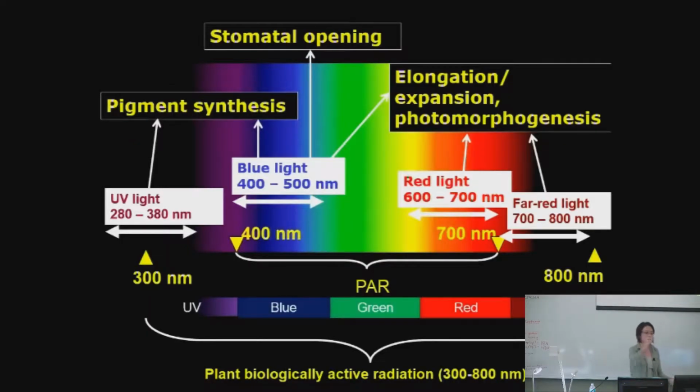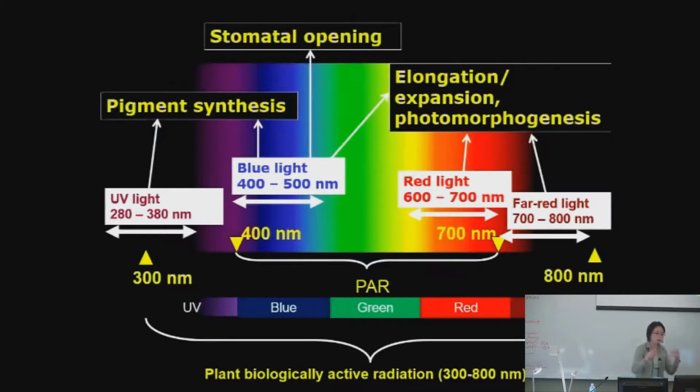Okay, so this is a kind of summary of the different light quality influence reported in a bunch of different textbooks or literatures, journal papers. So blue light is known to affect elongation and also morphogenesis, the shape of the plant. And blue light is known to affect stomata opening.